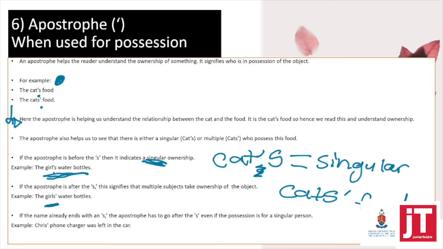So let's quickly look at a different rule. This is a rule where lots of people make a mistake. So let's have a look at the bottom here. If the name already ends with an S, the apostrophe has to go after the S, even if the possession is for a singular person. It is tempting to go like so: oh, these are Chris's water bottles.